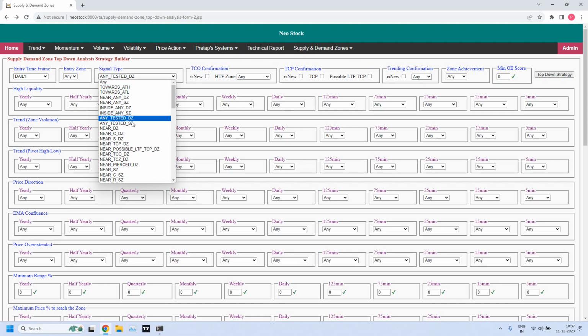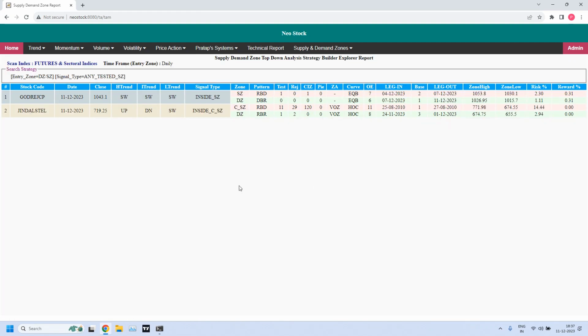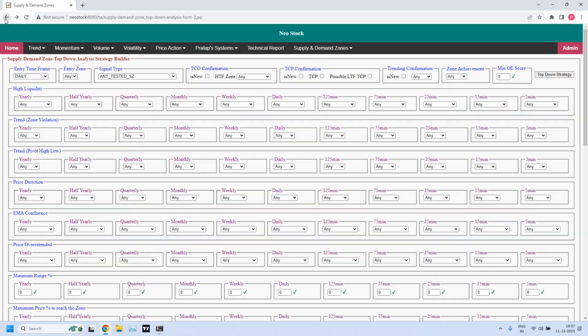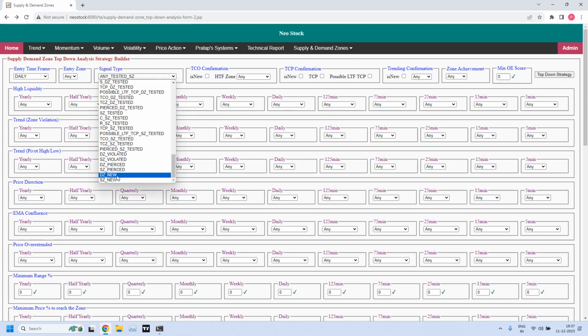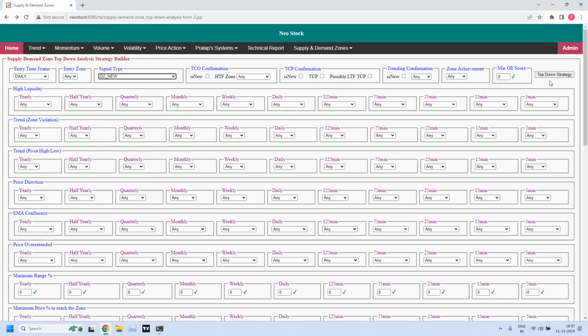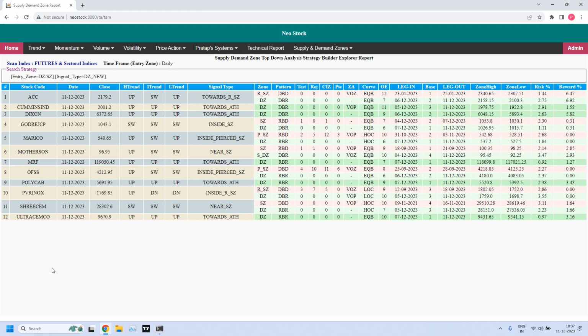Let us find the tested daily supply zones. So 2 supply zones are tested. Let's go back. Entry time frame is daily. Let us find the stocks having newly created daily demand zones. So these 12 stocks have newly created daily demand zones.